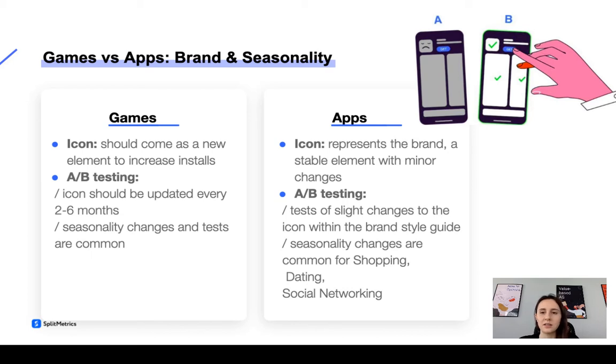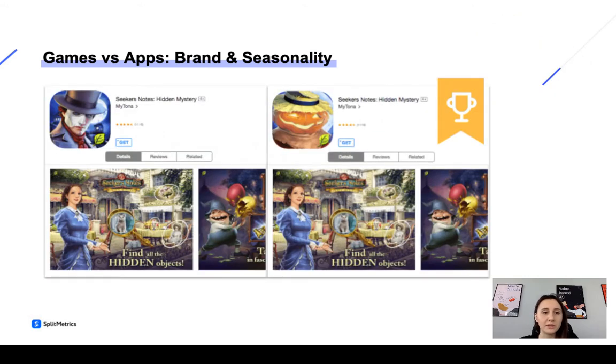And let me say a few words about seasonality. Seasonality A/B tests are a common thing for games. Sometimes a small snowflake added to the icon can give a good conversion boost. So, for example, Mytona optimized their icon before Halloween for their game Seeker's Notes: Hidden Mystery.